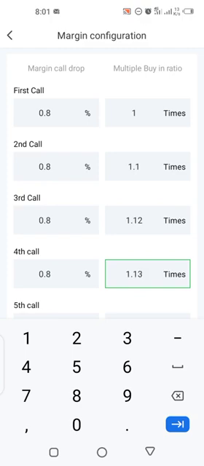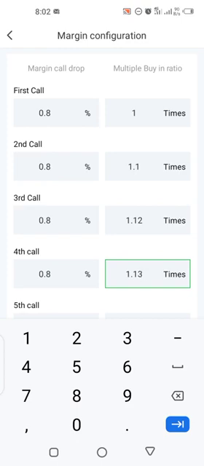The reason why you don't want to invest a lot of money for the first four margin calls is that when the market rises, the robot sells everything at once. So it will be 15 times 1, which is 15. But the next call is 15 times 1.1, which is 16.5. It looks like little money. It depends on how much capital you have.